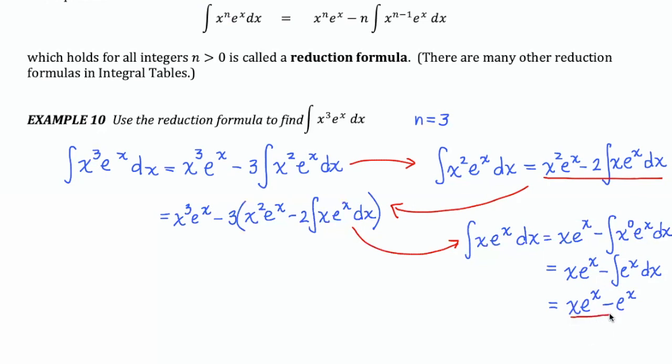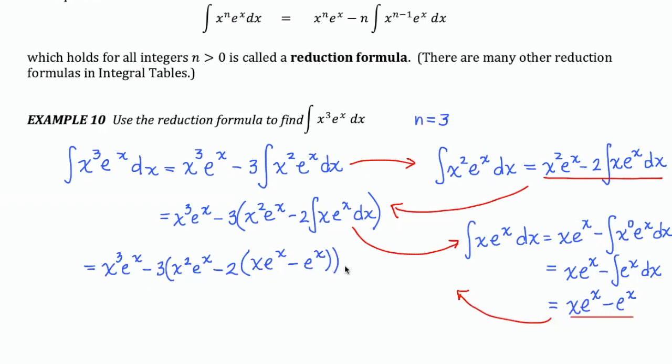So I'm going to take this expression back over to the original problem. I'm going to push this back a little bit because I need some space. I've got the x cubed e to the x, then I've got a minus 3 times x squared e to the x minus 2 times the red underlined portion, which is equivalent to this integral. So I've got 2x e to the x minus e to the x.